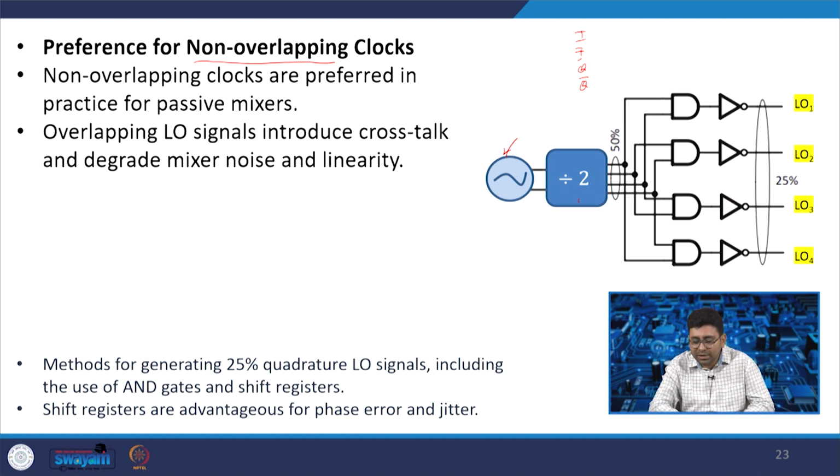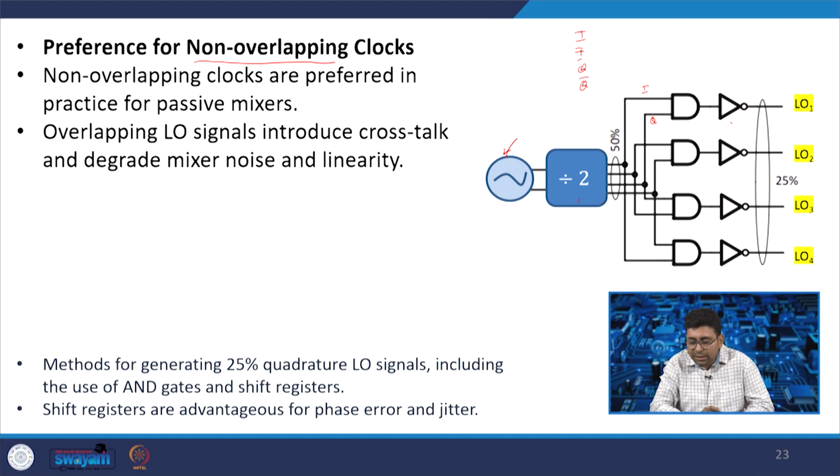So, I and Q are multiplied, and if I and Q are multiplied, you will get a 25% duty cycle. That means an AND gate and an inverter are required, and you will generate the 25% duty cycle for LO1, and then LO2, LO3 and LO4.